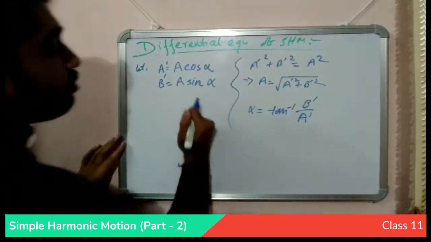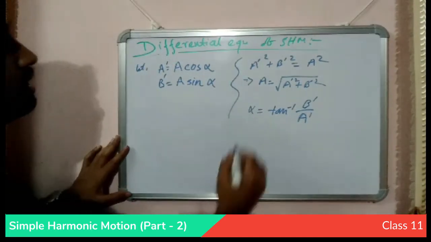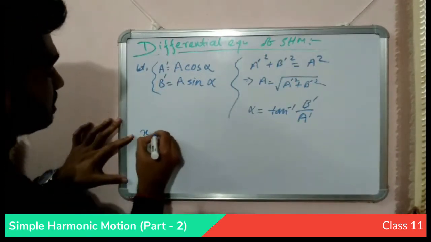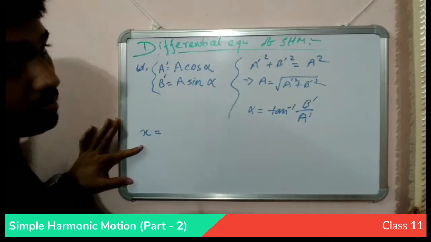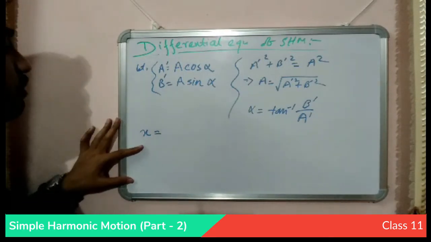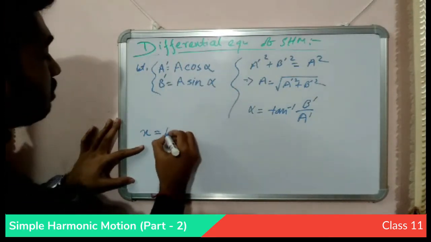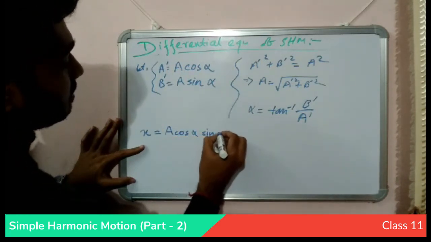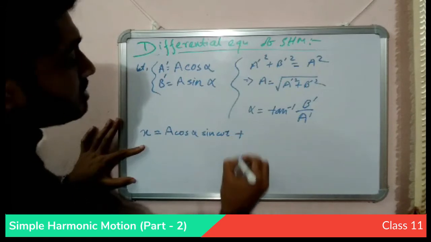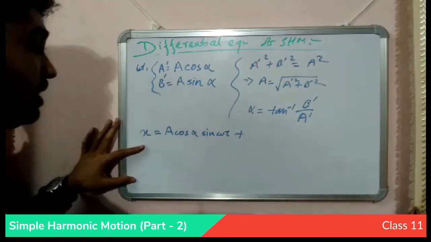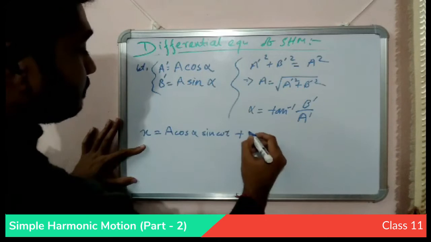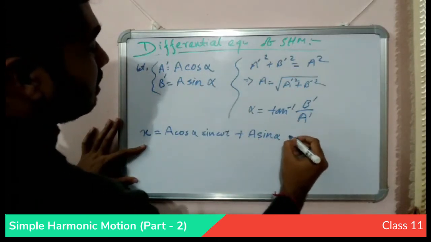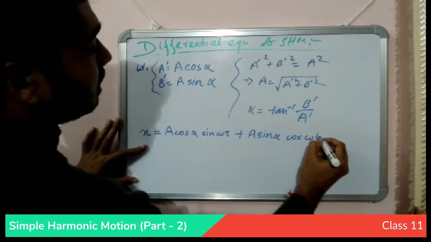So now we will put these two values in our main equation of x. x was a prime sin omega t, and a prime is a cos alpha, so a cos alpha sin omega t, plus there was b prime cos omega t. B prime is equal to a sin alpha, so a sin alpha cos omega t.